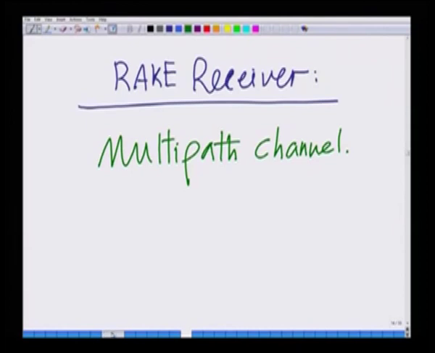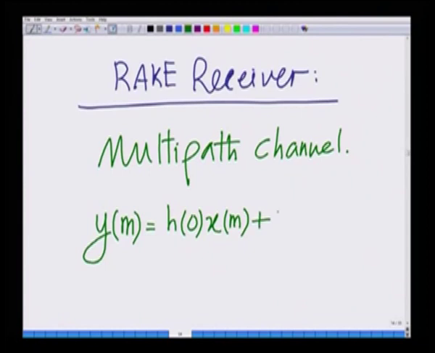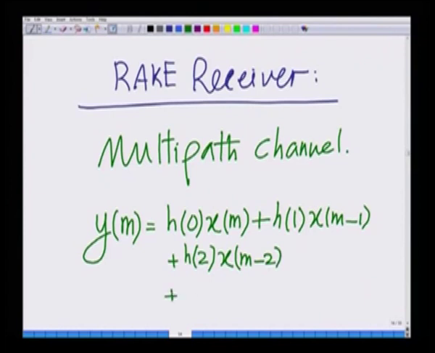Multipath channel, the received signal Ym can be represented as H0 x of m plus H1 x m minus 1 plus H2 x m minus 2 plus H L minus 1 x m minus L plus 1.